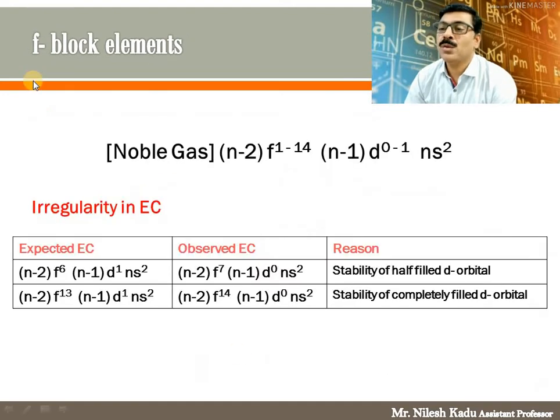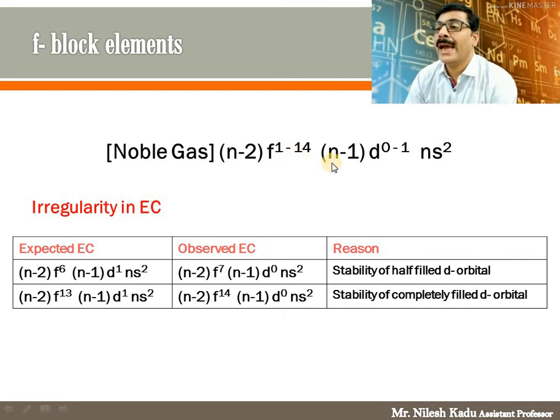Then how to write the valence shell electronic configuration for an f block element? The general valence shell electronic configuration for an f block element is: first you mention the noble gas, then (n-2)f 1 to 14 electrons you have to fill up.